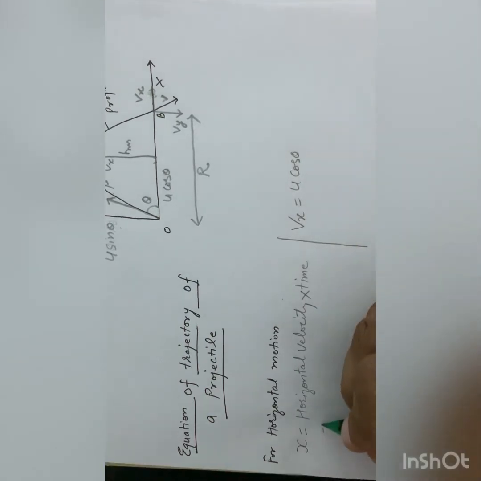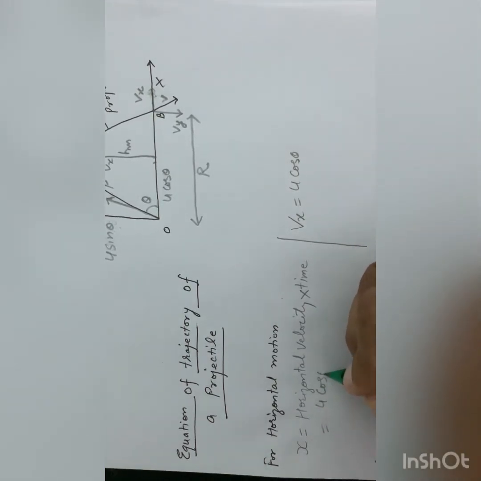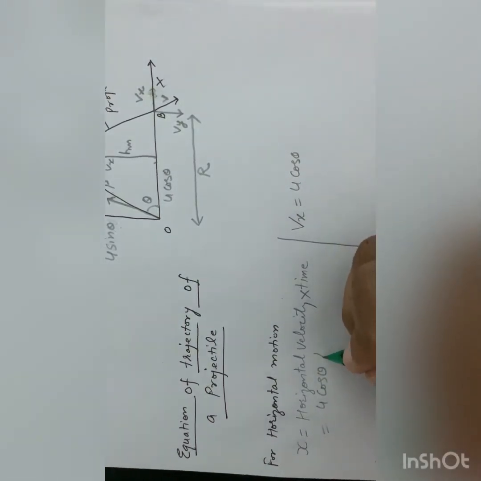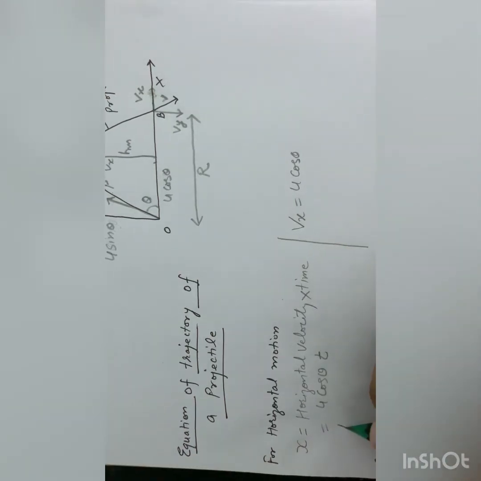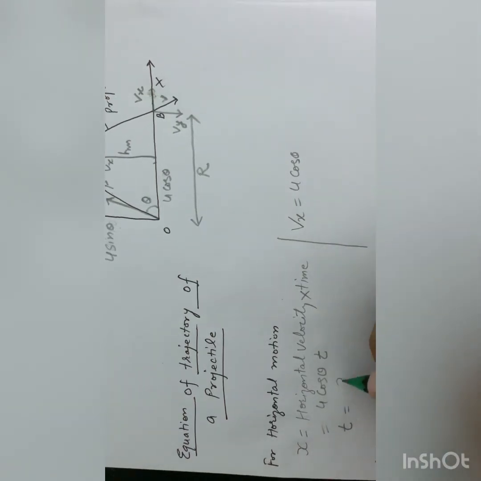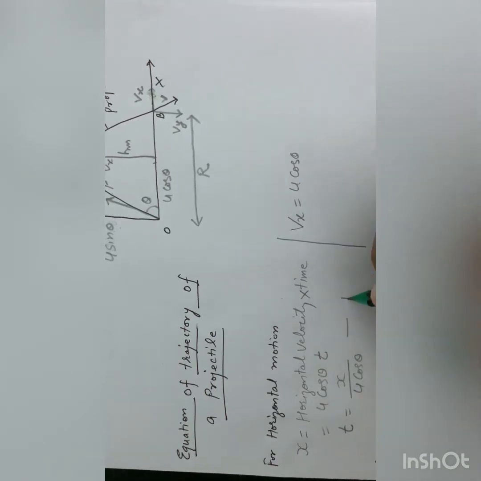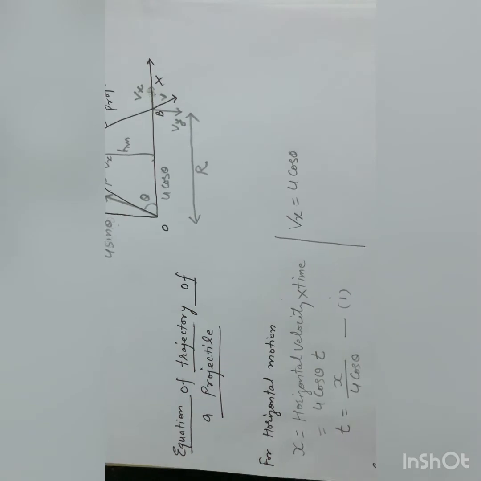Horizontal velocity is u cos θ. Say time is t. From here, t equals x over u cos θ. We name this equation 1.